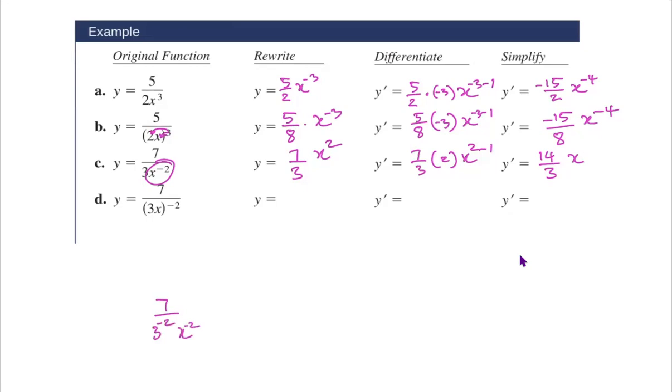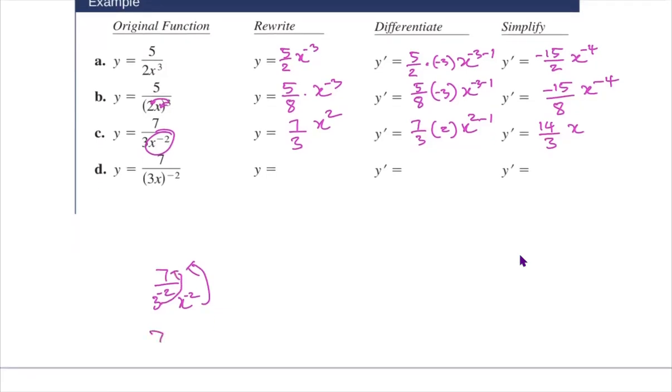And then if we move x to the power negative 2 up and 3 to the power negative 2 up, that would be 7 times 3 to the power 2, 7 times 9 times x squared. 7 times 9 is 63. So that's 63 x to the power 2.